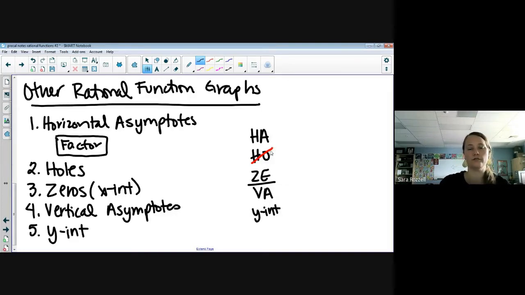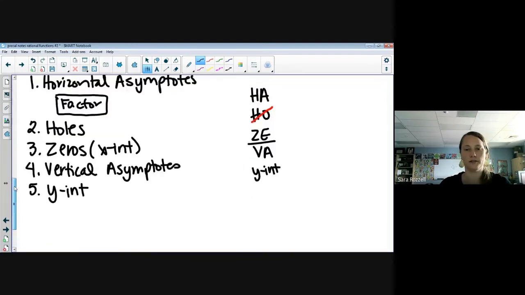I cross through for the holes. I separate the zeros and the vertical asymptote with a line, and you'll see when we're working the problems why that's the case. That is my little way to remember what goes where. All right, so we're going to start out with horizontal asymptotes and how we find those.